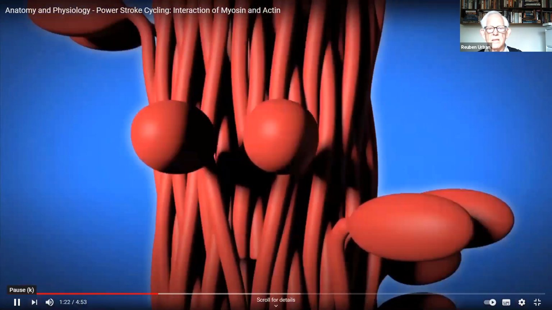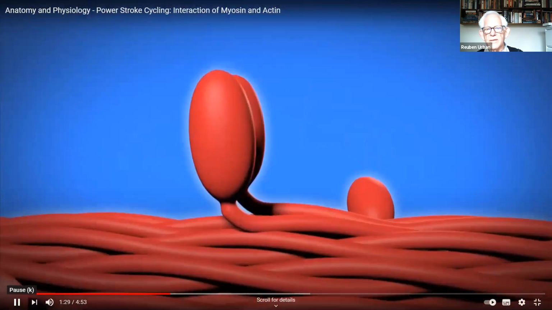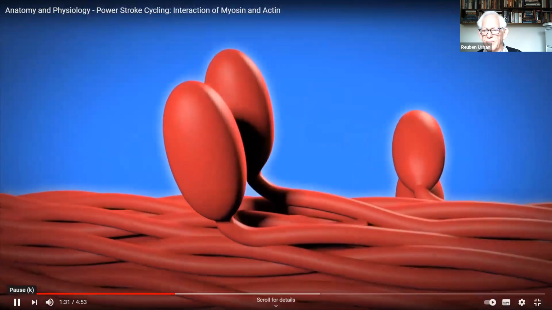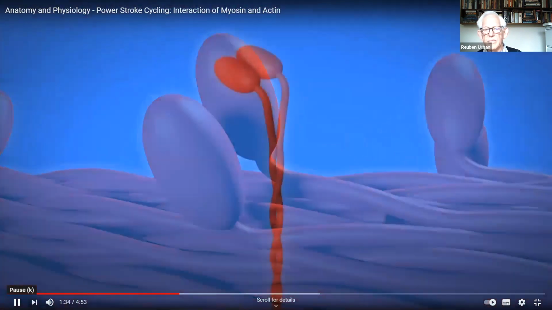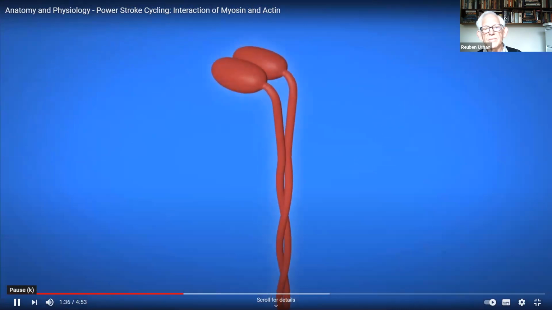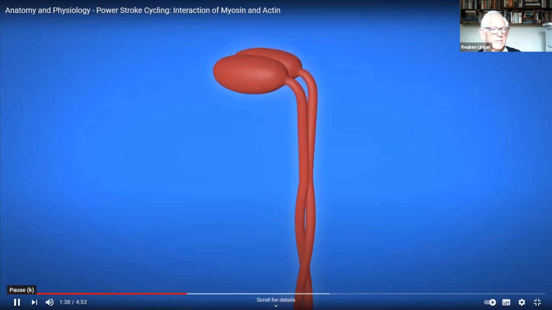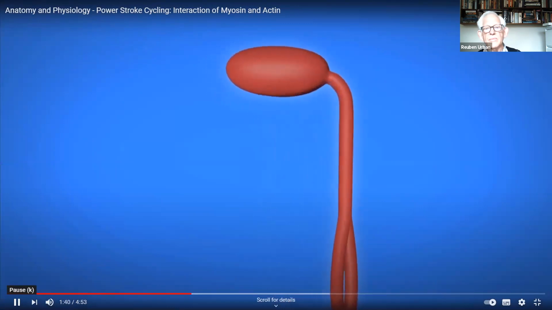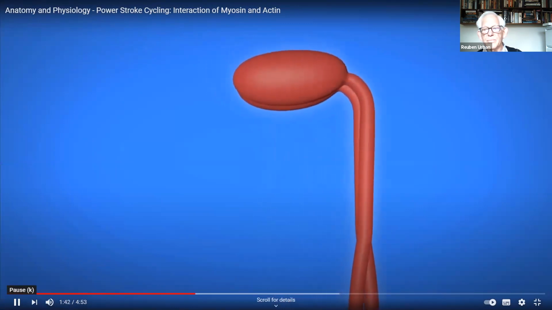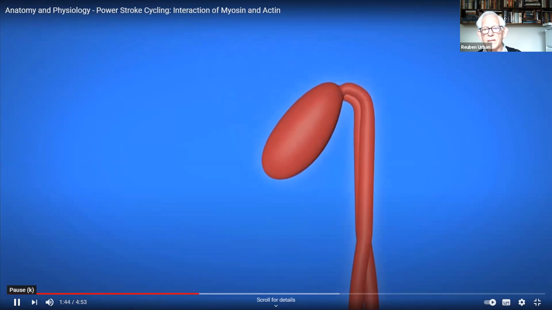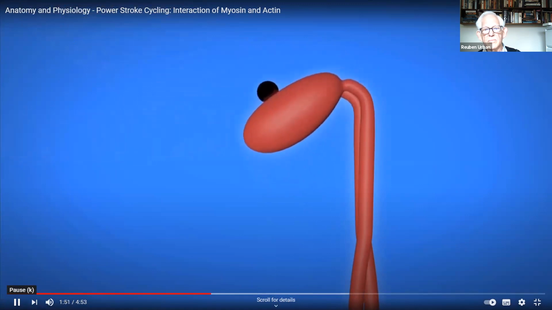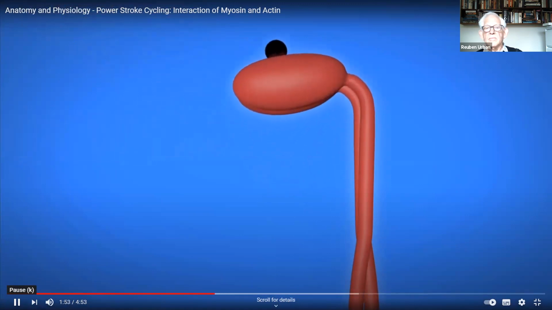Force-producing heads protrude from the sides of the filaments, ready to bind to active sites on actin. The myosin globular heads have two possible conformations, a high-energy 90-degree form and a low-energy 45-degree form. The hydrolysis of ATP by myosin will push the myosin head from low-energy to high-energy conformations.